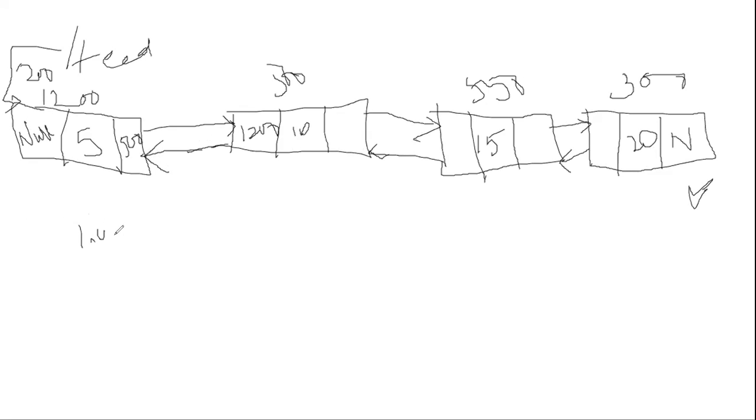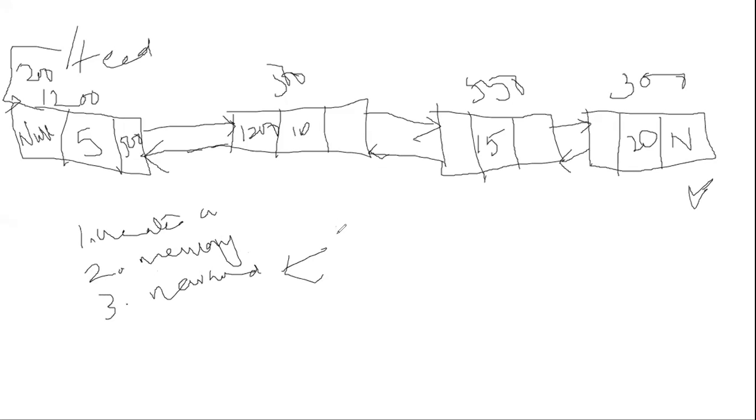So how many steps have we done? First I have to create a node. Second, I have to get the memory for this, that address. Third, I have to point the head to the new node. Am I correct? Yes, ma'am.